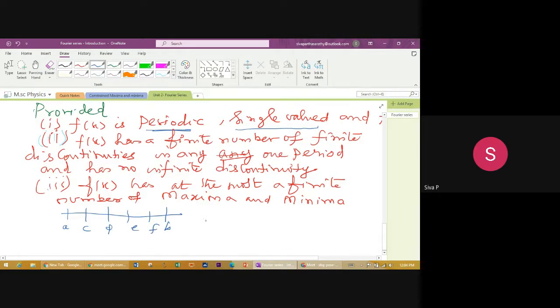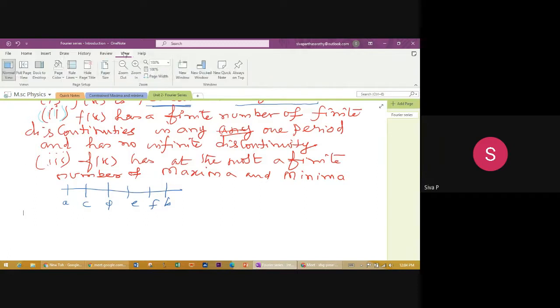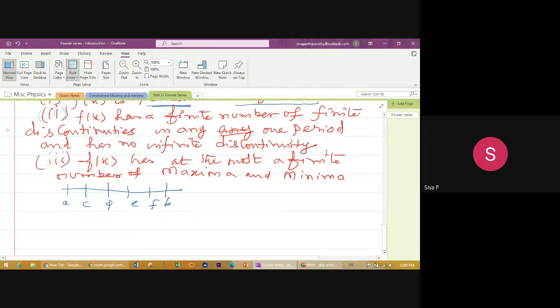At that time, the integral can be written as, so here, if you are taking integration a to b f of x dx, what is that equal to?